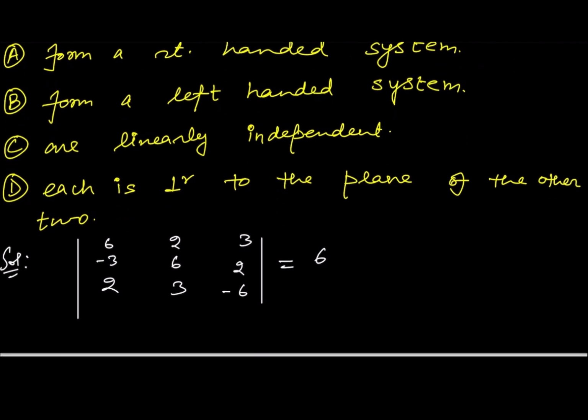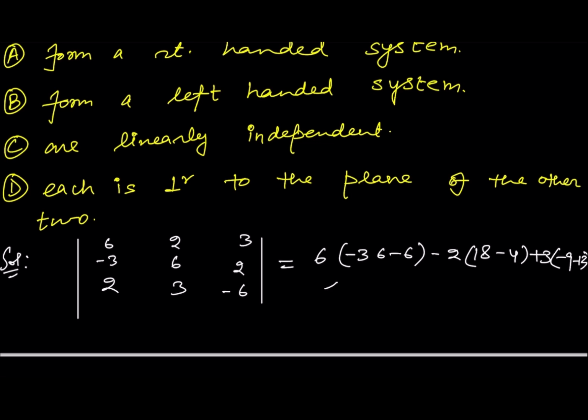So 6 times (-36 - 6), minus 2 times (18 - 4), plus 3 times (-9 - 12).